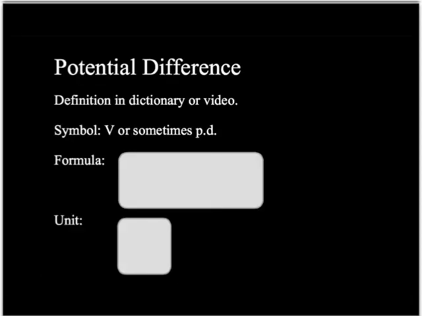Okay, so here we have potential difference. The definition in the dictionary or video, so I was trying to do one here. Symbol for it is V, or sometimes it could be PD. Formula, V equals W over Q. The unit is the volt. What does it actually mean?